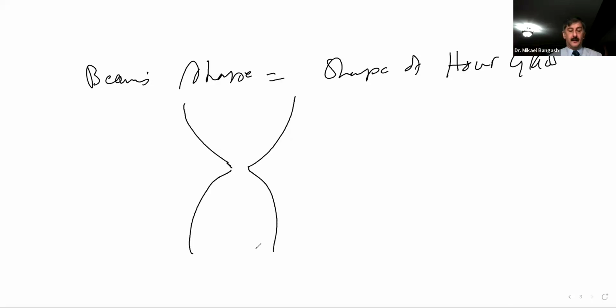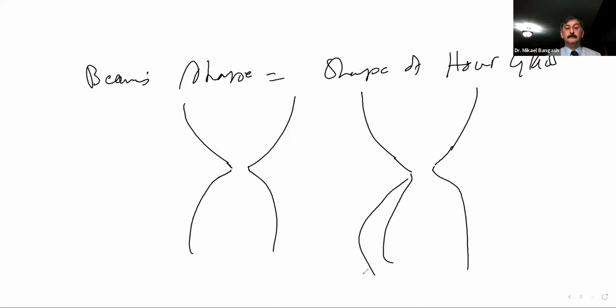Well, it doesn't really matter. We can say, if you look from the side of the hourglass, it has the shape. Whereas if we look at it from another side, it's a somewhat similar shape.